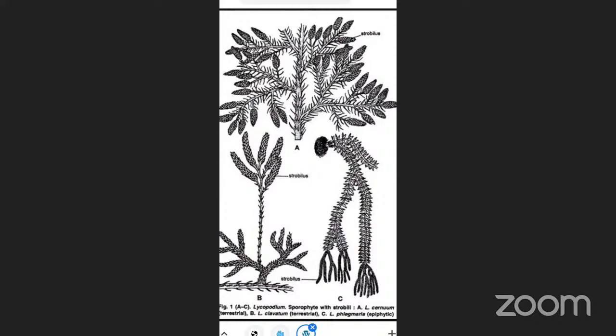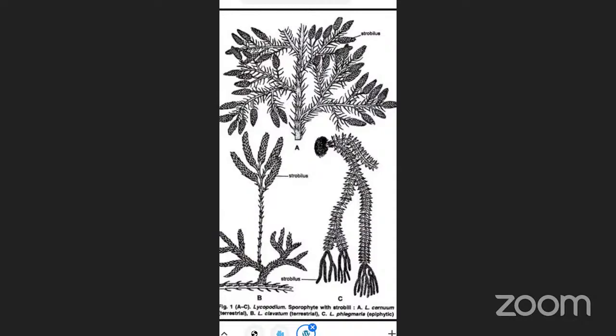What are the external features? The plant body is distinguished into stem, root, and leaves. The stem is either pendant and branched or unbranched.